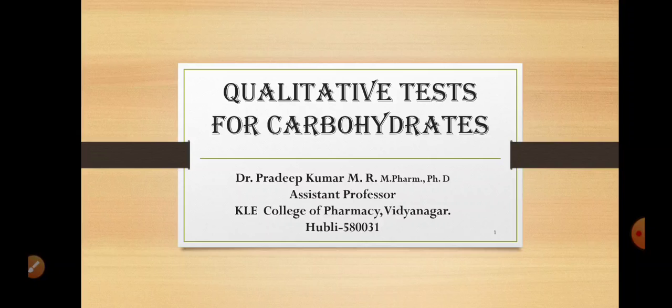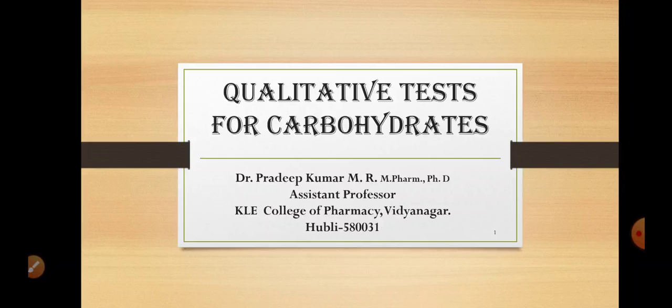In this session I will be discussing the different qualitative tests. I will be stressing upon the principle involved in each test, followed by the composition of the different reagents used in the particular test, then the test procedure we follow to carry out that test.